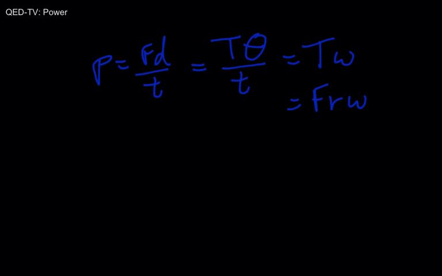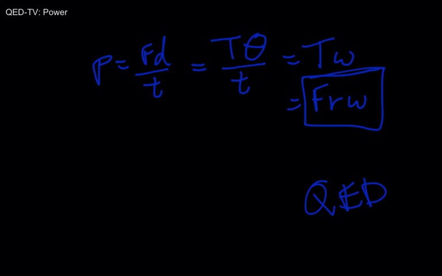And angular velocity would of course have to be in radians per second units. I don't have a problem for us to practice on this, but this is just like any of the other equations. We can put it into the rotational world with rotational equations and still be able to do it just like we'd do it normally. So that's a quick overview of power.